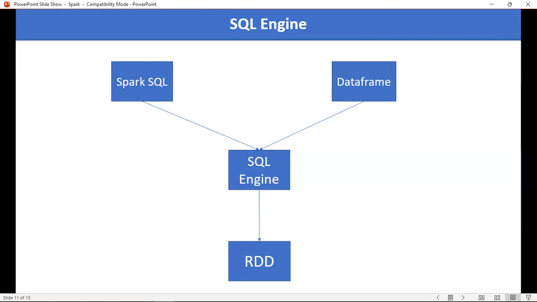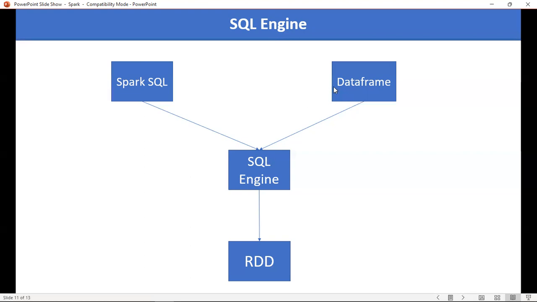With the latest version of Spark, and even long back, they started moving RDD to the backend and coming up with data frame so that it is easy for people to code and people don't have to figure out each and every piece of code and forget the optimization in between. So how data frame does optimizations is what this SQL engine is all about.